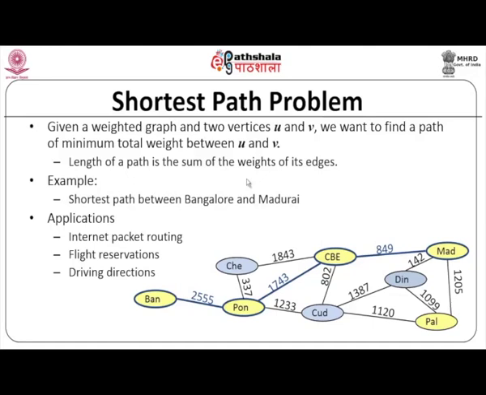For example, you want to find the shortest path between Bangalore and Madurai. Now, this type of connecting cities is a typical example of shortest path. You can look at similar applications such as internet packet routing, flight reservation and driving directions. If you go on Google, you would have seen driving instructions given. They are supposed to look at the shortest path.